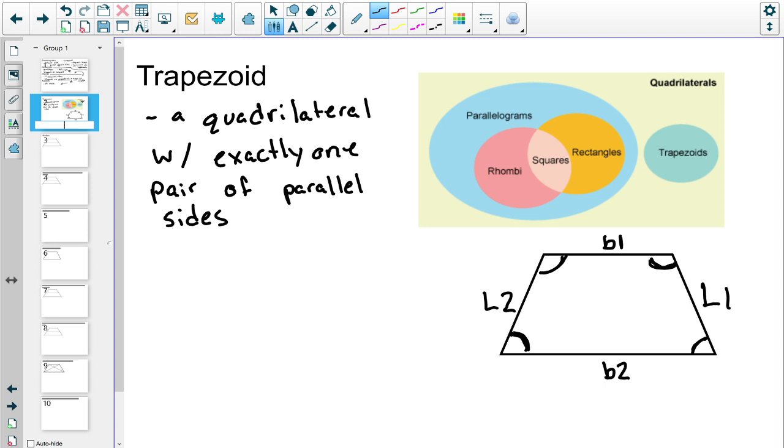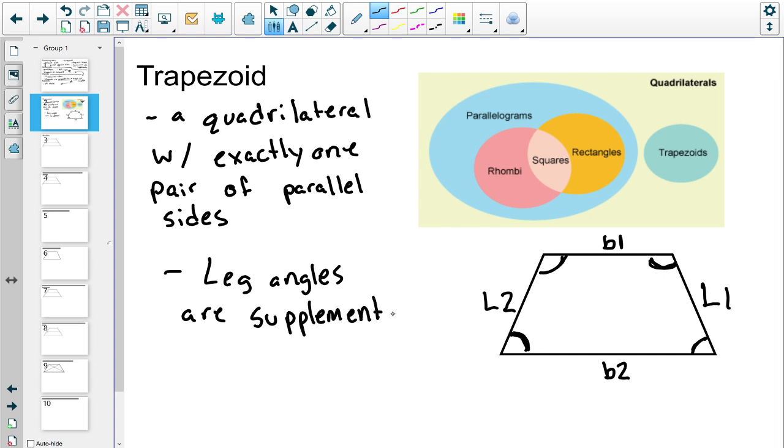Before we move on, I guess we should touch on another trapezoid property, what I like to call the leg angles are supplementary. And when I say the leg angles, this isn't necessarily a technical term, but I mean this set of angles here.